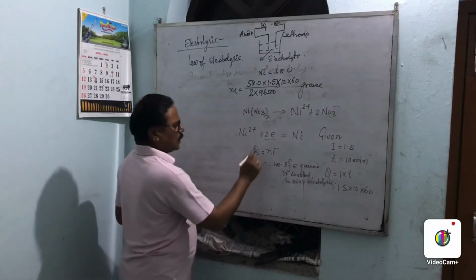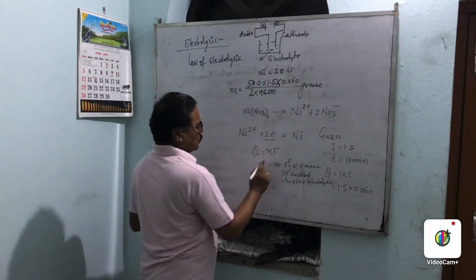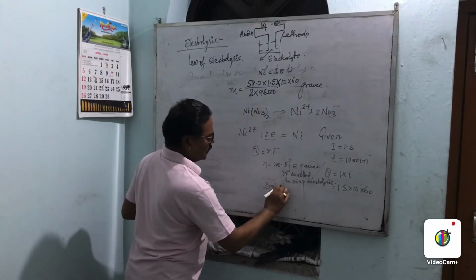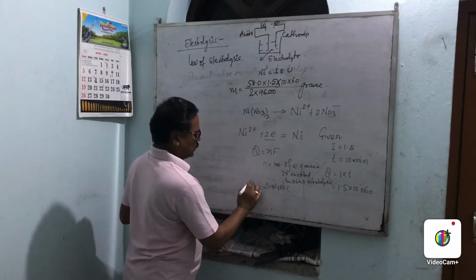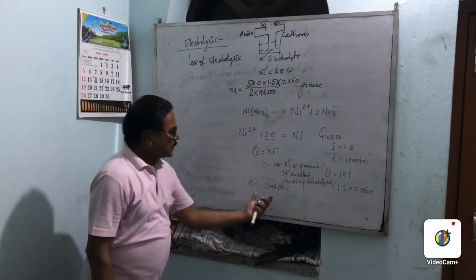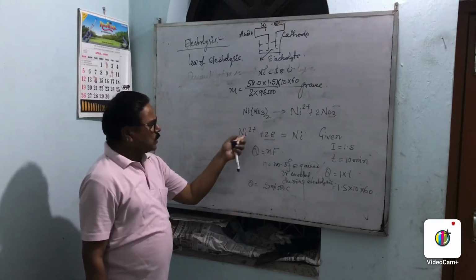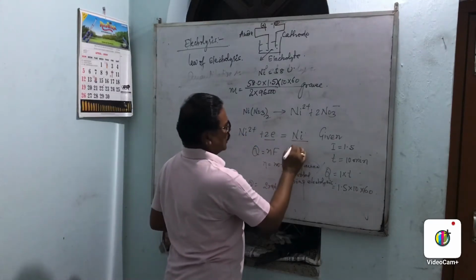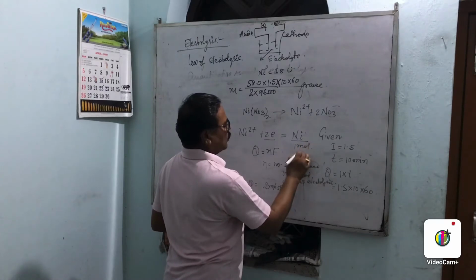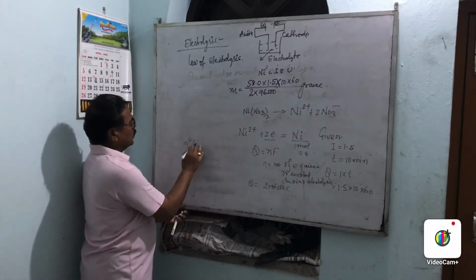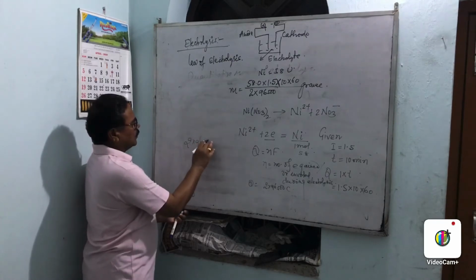So this Q is 2 into 96,500 coulomb. This coulomb needs to deposit 1 mole, and 1 mole is 58 grams. So we can write 2 into 96,500.